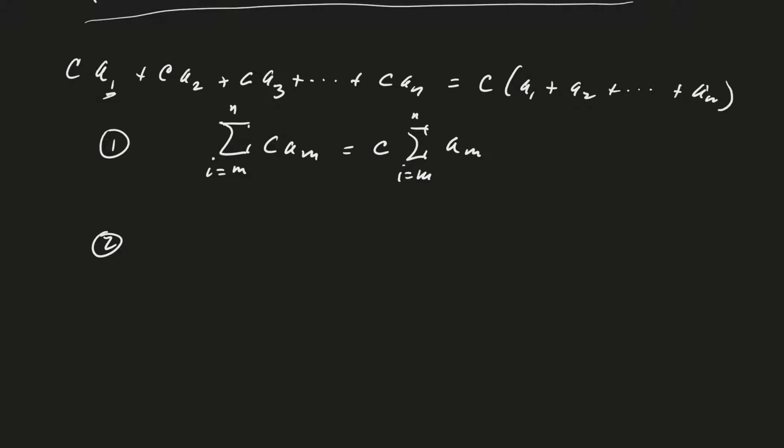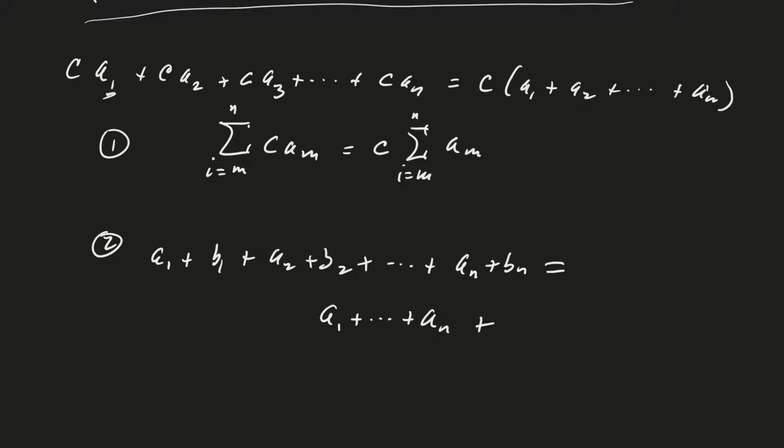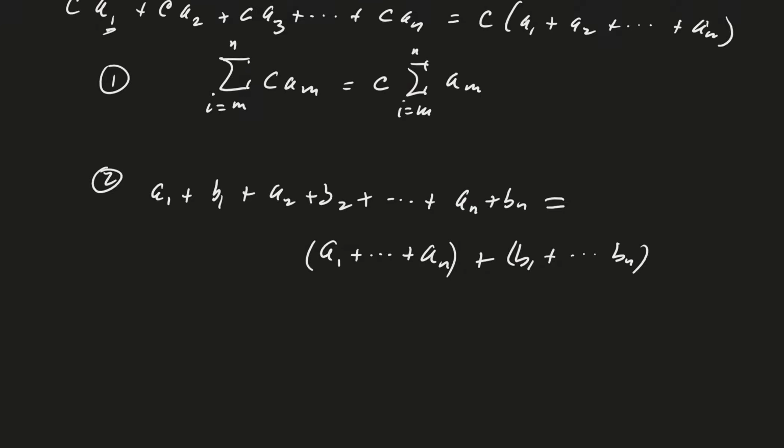Property 2 is similar. If I have A1 plus B1 plus A2 plus B2 plus AN plus BN, we know that we can reorder the sum, and we could write this as A1 through AN plus B1 through BN. By the way, we could also do that as a subtraction problem, so we could have a subtraction there.